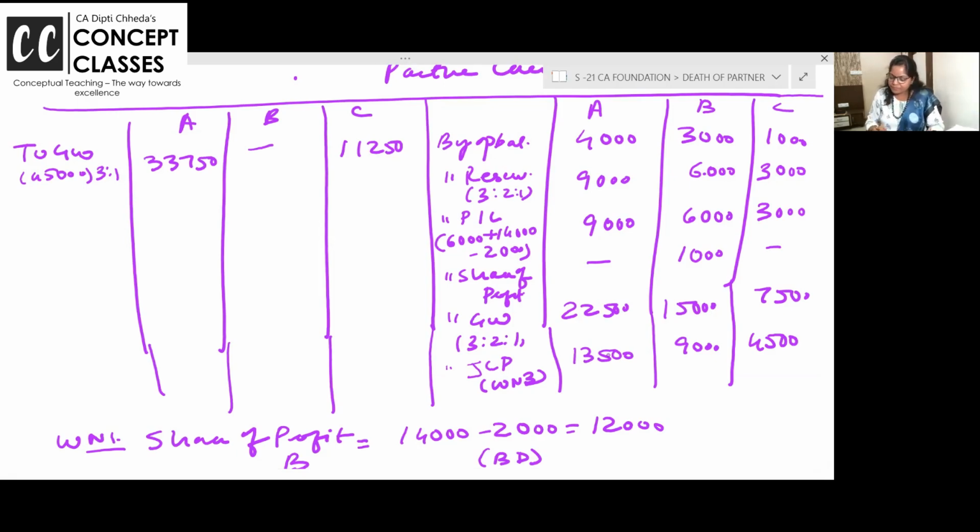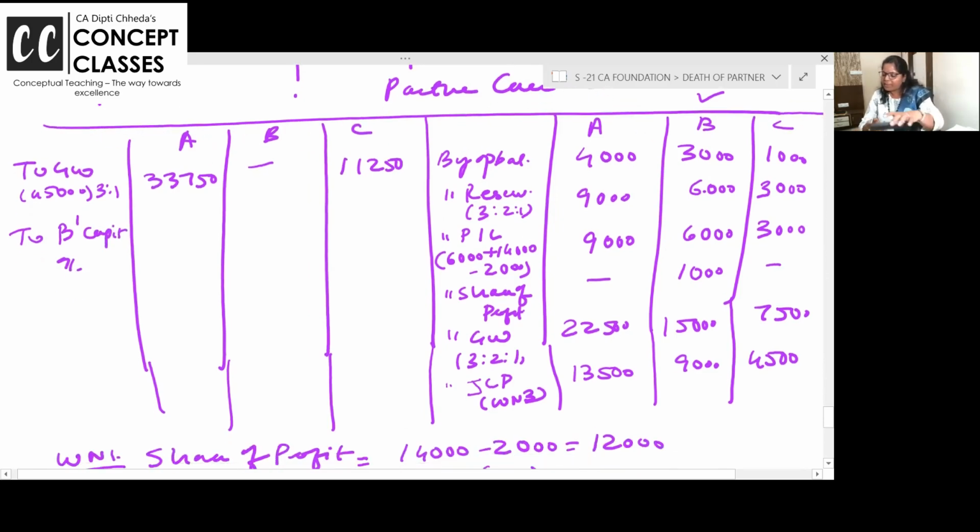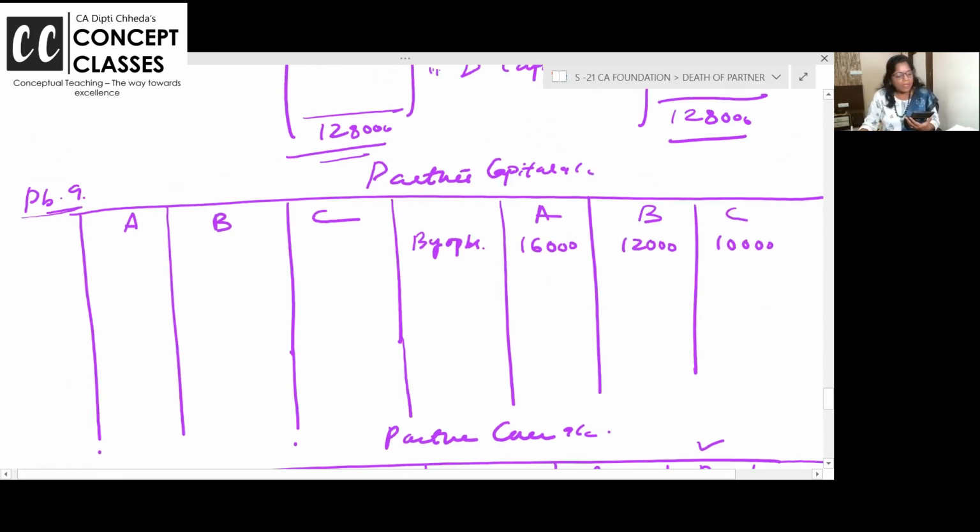Yes, okay. Now it's time to settle B's account first. Transfer it to B's capital account. How much balance is coming in B's current account? Total: 3,000 plus 6,000 plus 6,000 plus 1,000 plus 15,000 plus 9,000 is 40,000. In the current account the balance is 40,000, and transfer it to capital account.